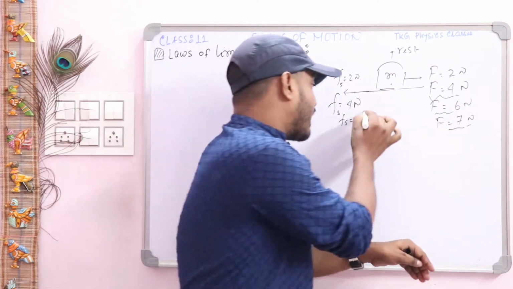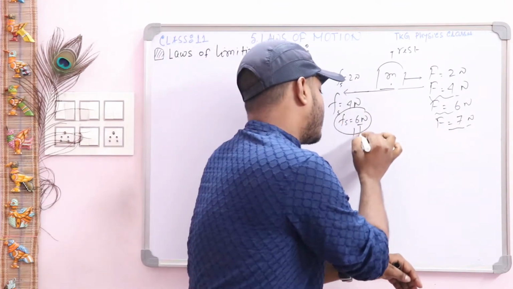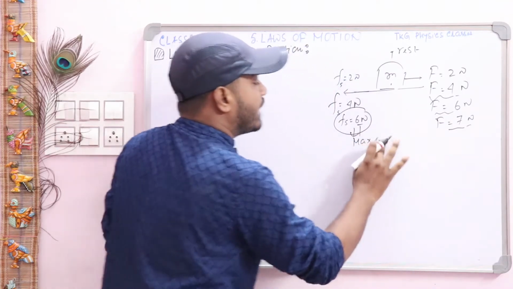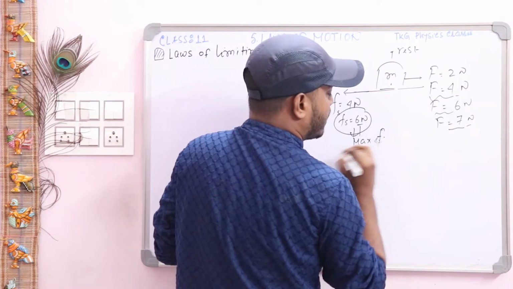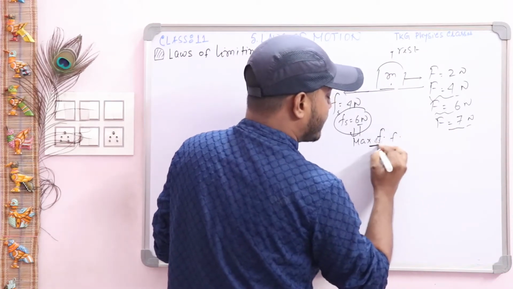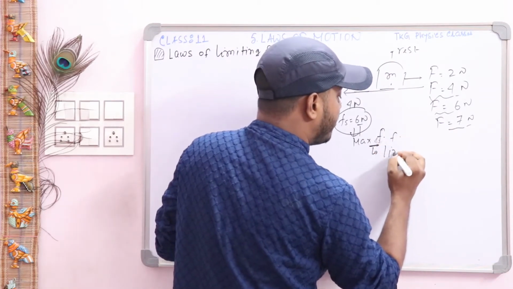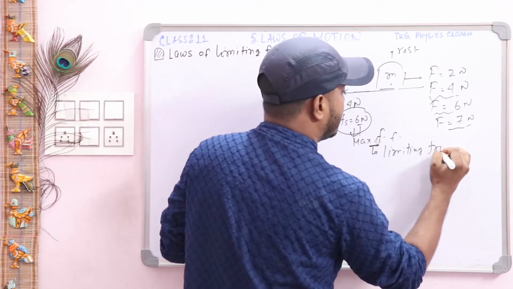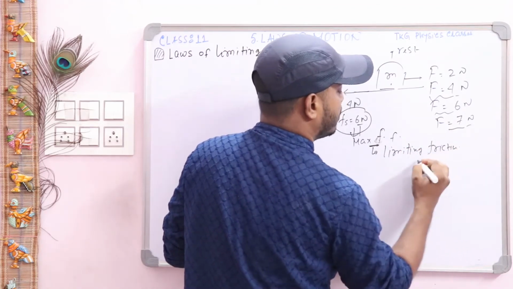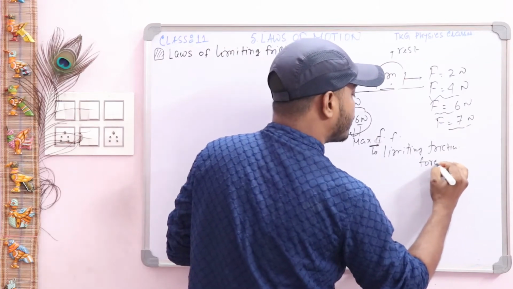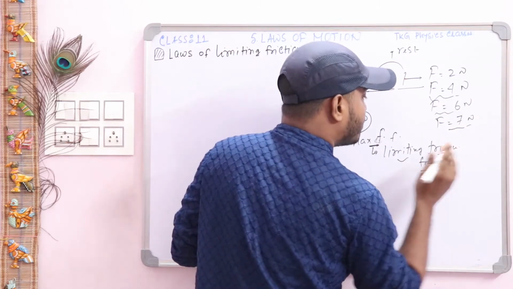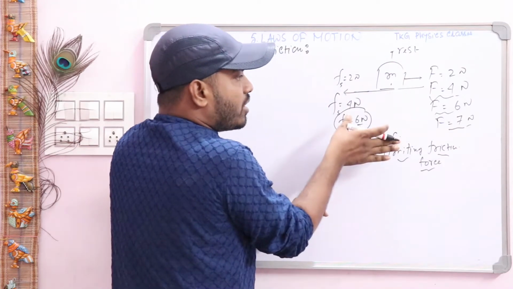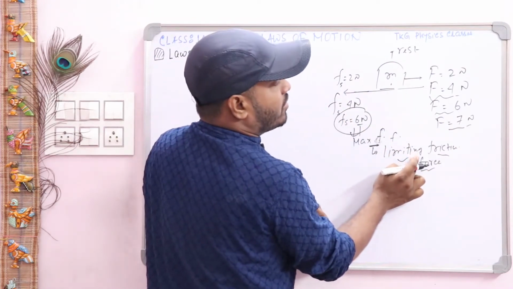So this is the maximum frictional force. Write it: maximum frictional force, and this maximum frictional force is named limiting frictional force. This is the concept, limiting frictional force. So limiting frictional force is a part of static frictional force. The maximum static frictional force is named limiting frictional force.